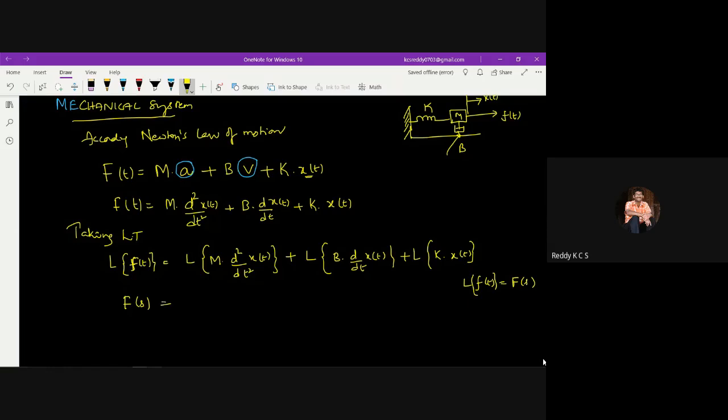Then m is a constant, so we need to write the equation for d square by dt square x of t.